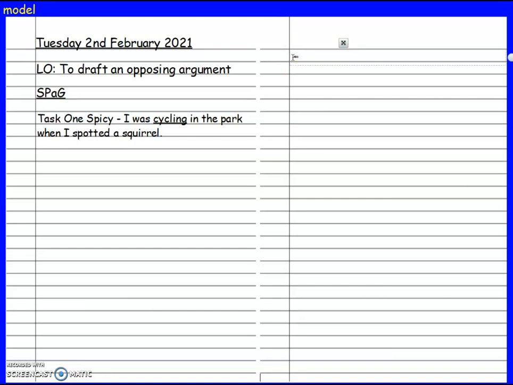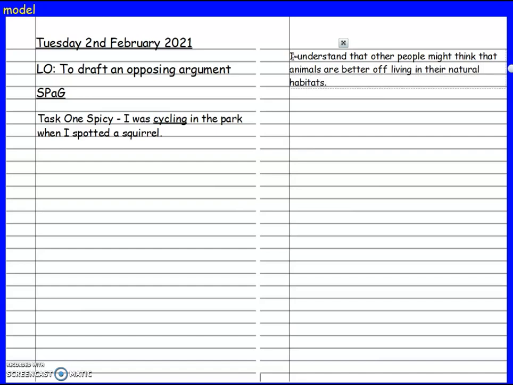Okay, so we can say, I understand that other people might think that animals are better off living in their natural habitats.